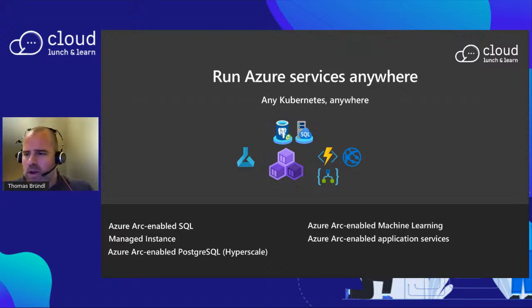I have already mentioned these services in my demo, and these are the services that you are able to provide with Azure Arc on Kubernetes. The first services I want to introduce here are the data services. I have already mentioned them, PostgreSQL and MS SQL.